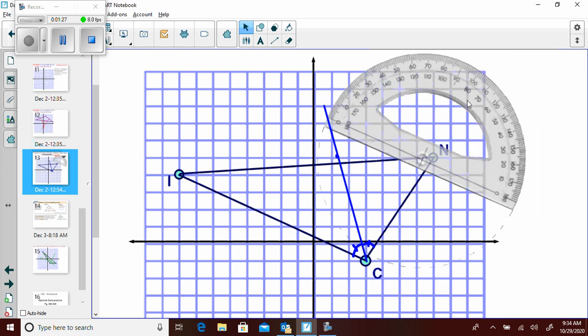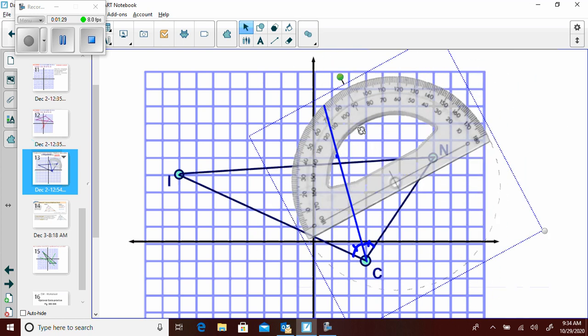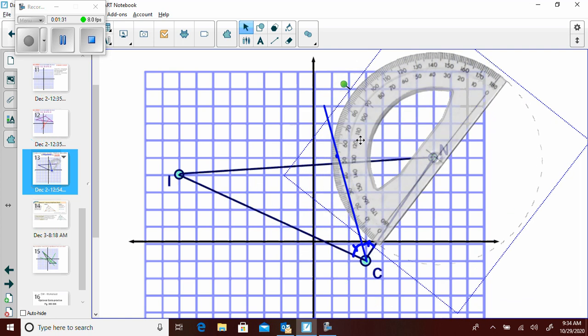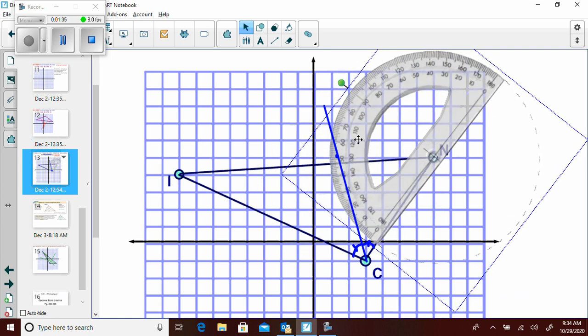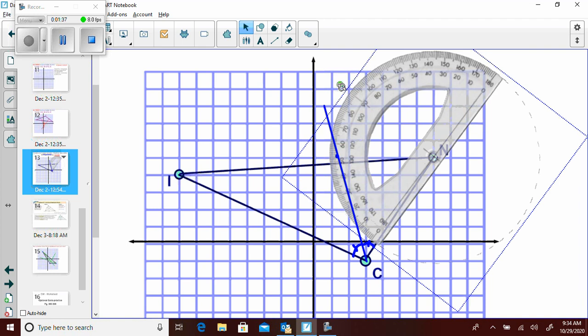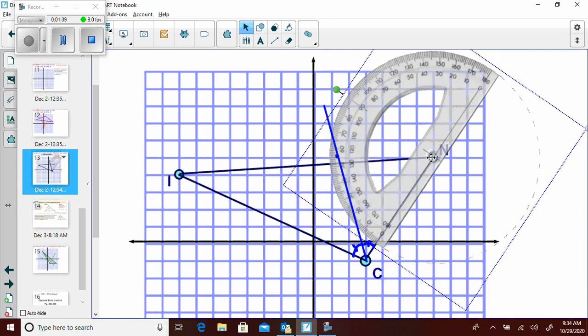Okay. Next, it doesn't matter how you go about it, just make sure that you have your target or your bullseye, your crosshairs on the point, and line up this line here with the side, right?